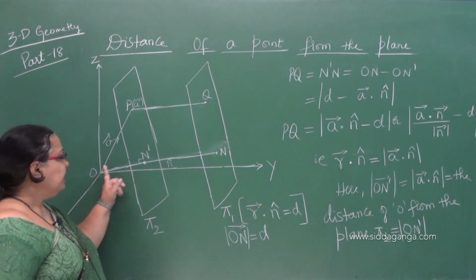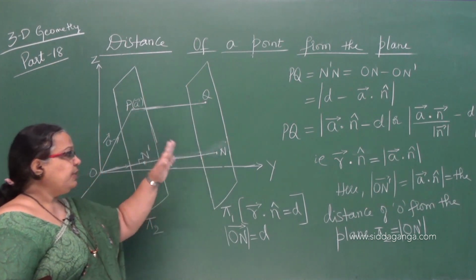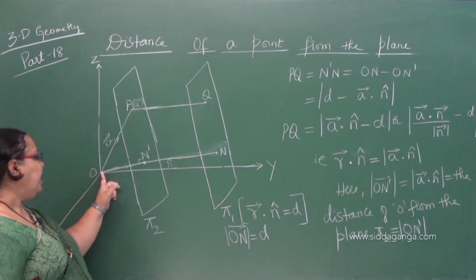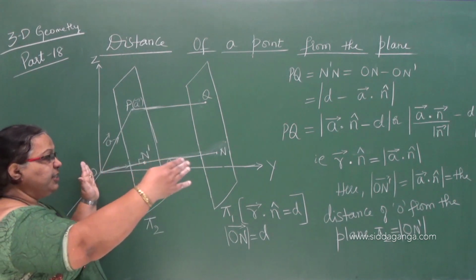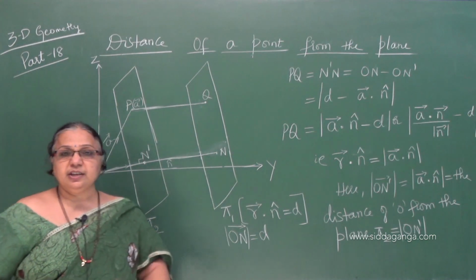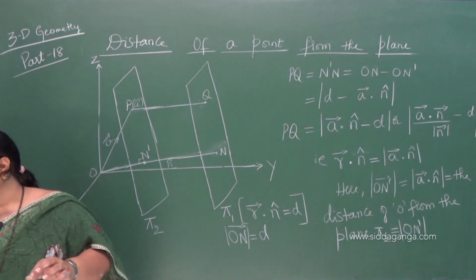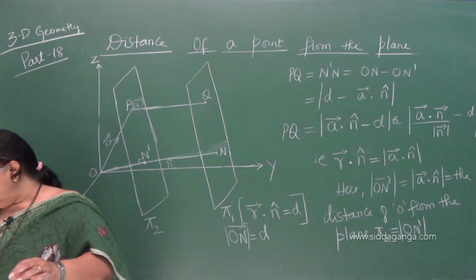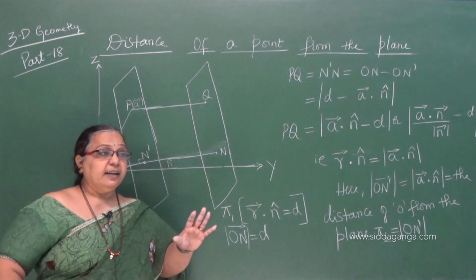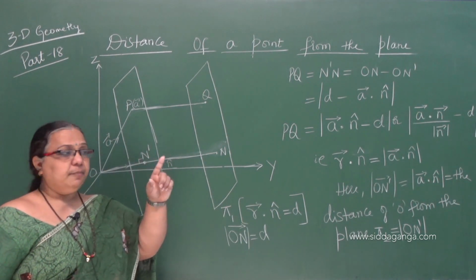From here to here the distance is D. ON distance is D, because if the point is the origin, then the distance is directly obtained as D. So that is the formula to find the distance of a point from the given plane.